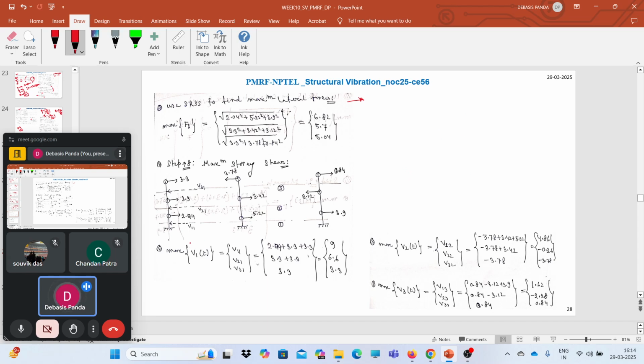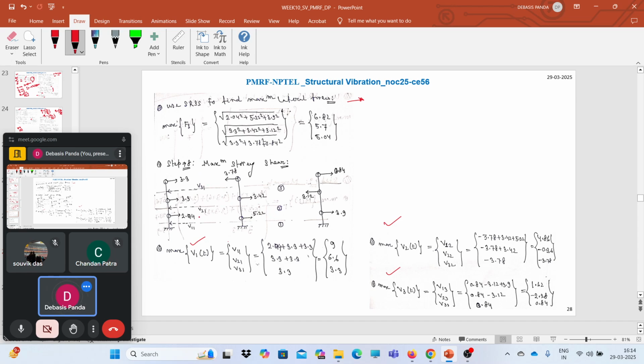Same thing: V1 is V11, V21, V31, V2 is V12, V22, V33, and V3. Here we have already calculated the forces acting on each level, so from this we just need to add them up.